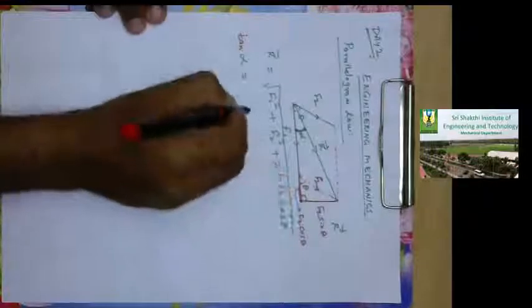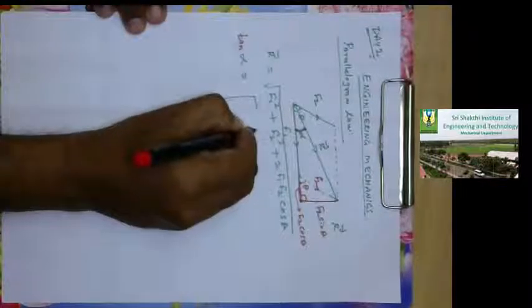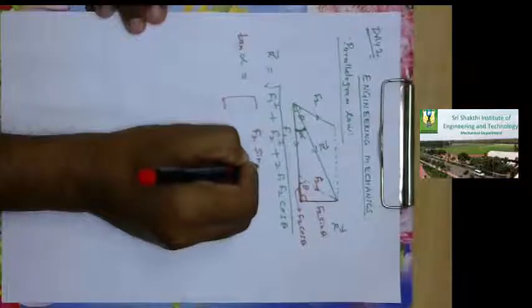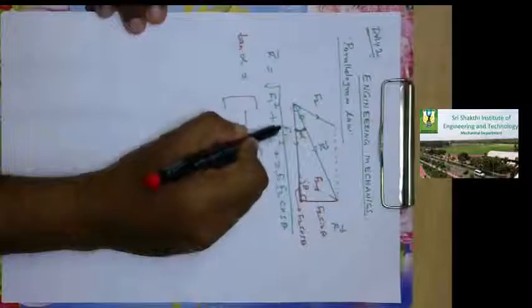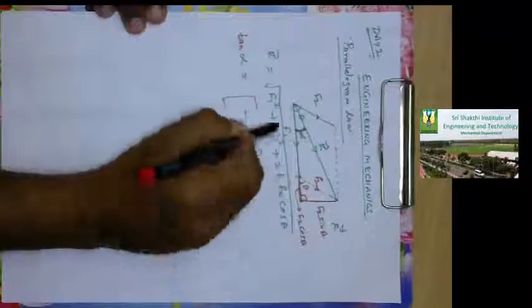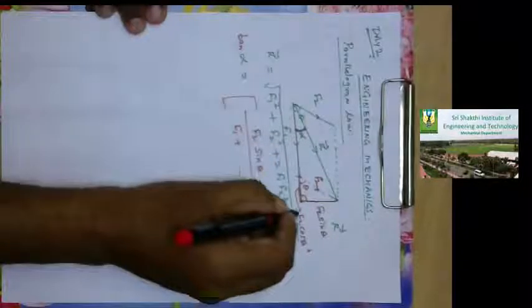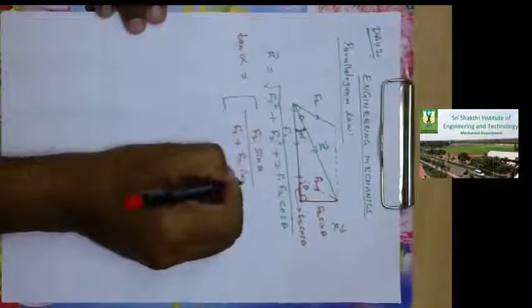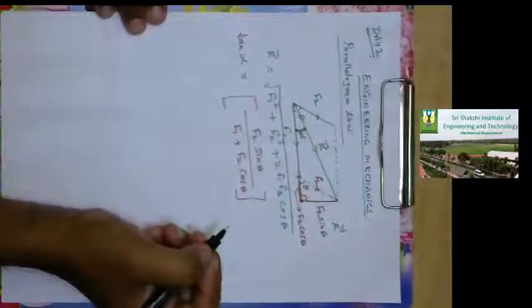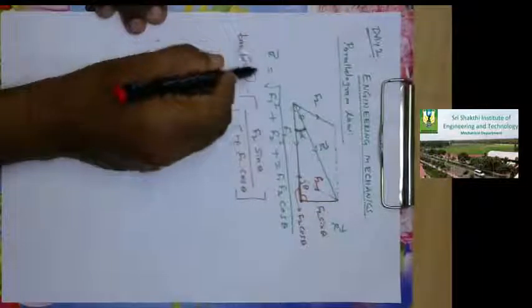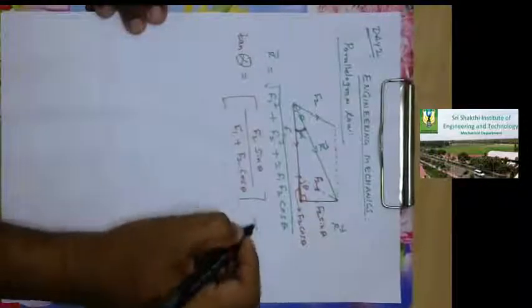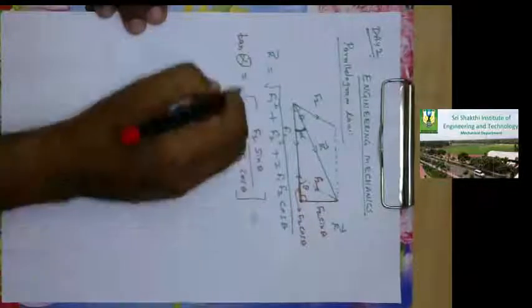The opposite side is F2 sin theta, and the adjacent side is F1 plus F2 cos theta. So alpha equals tan inverse of F2 sin theta divided by F1 plus F2 cos theta.